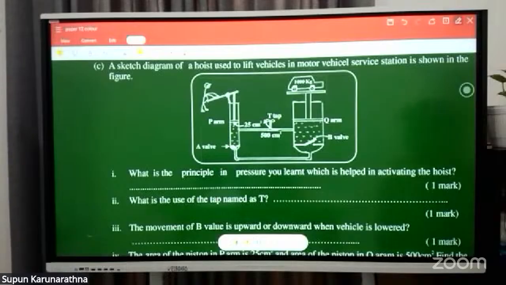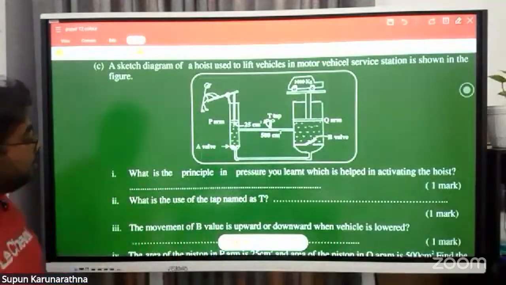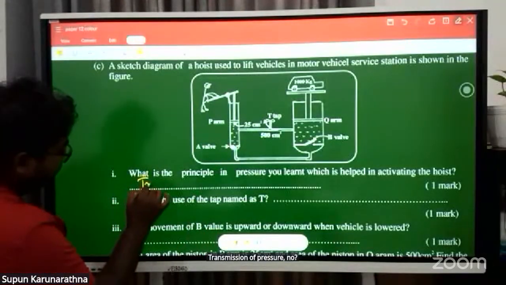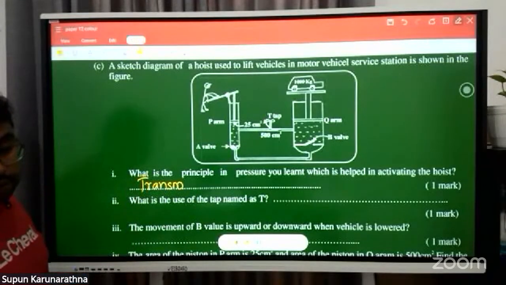Transmission of pressure, no? Transmission of pressure.